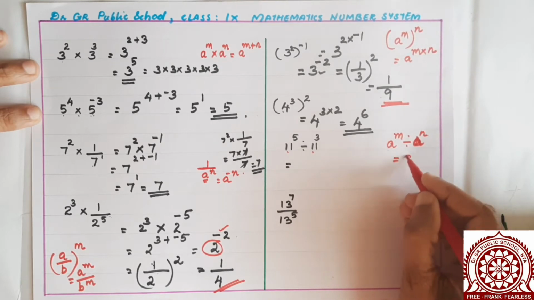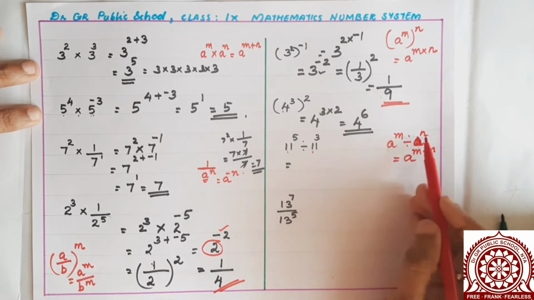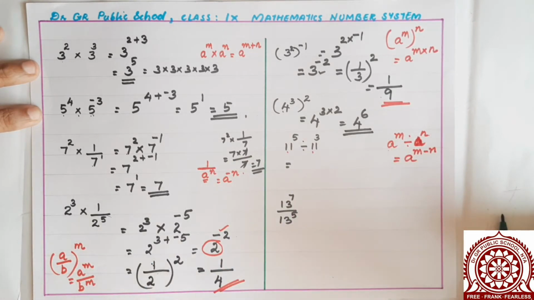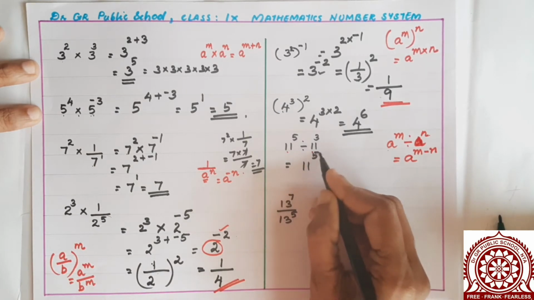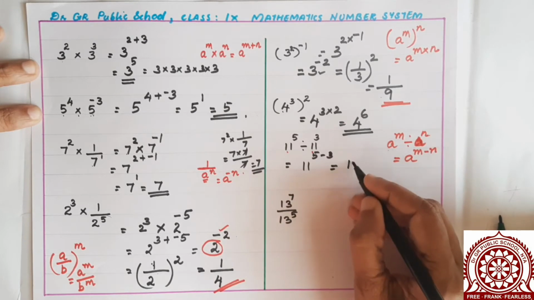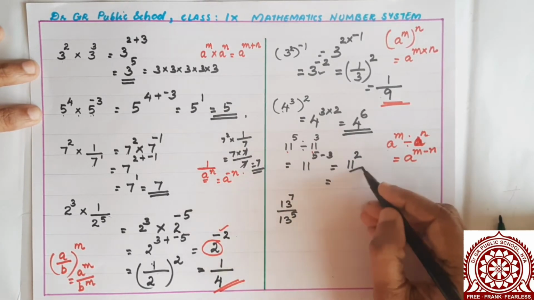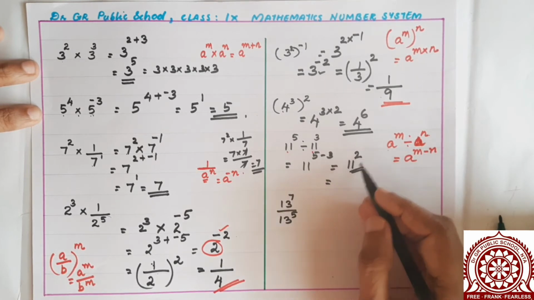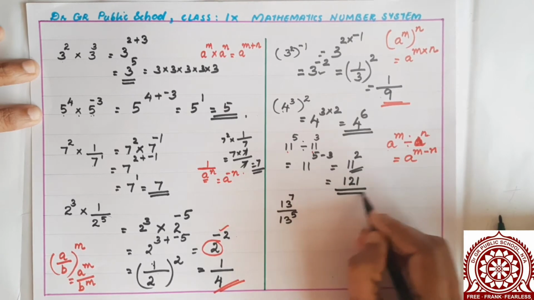What is it? A raised to m minus n. We have to find the difference of the powers. So here, 11 raised to 5 minus 3, that is 11 raised to 2. So we can multiply. 11 into 11 is 121.